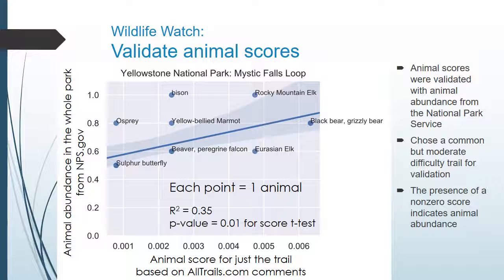And when we do this linear regression, you see that there is a very weak but positive correlation showing that the population does go up with a higher score. The R-squared is kind of low, but still there's a significant p-value showing the positive correlation.